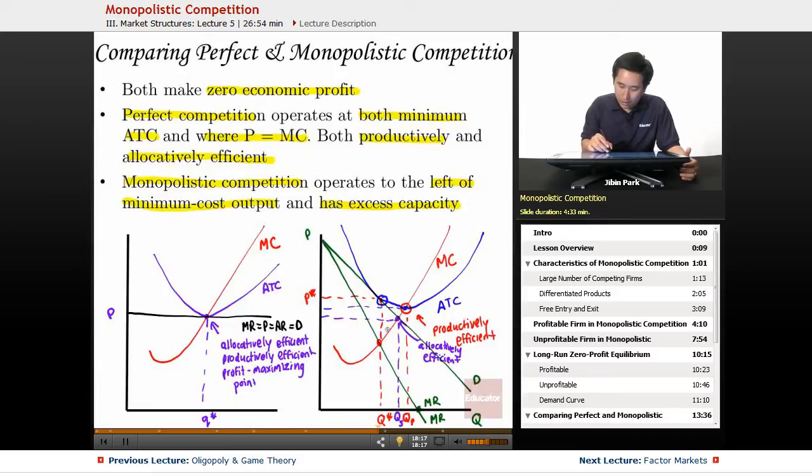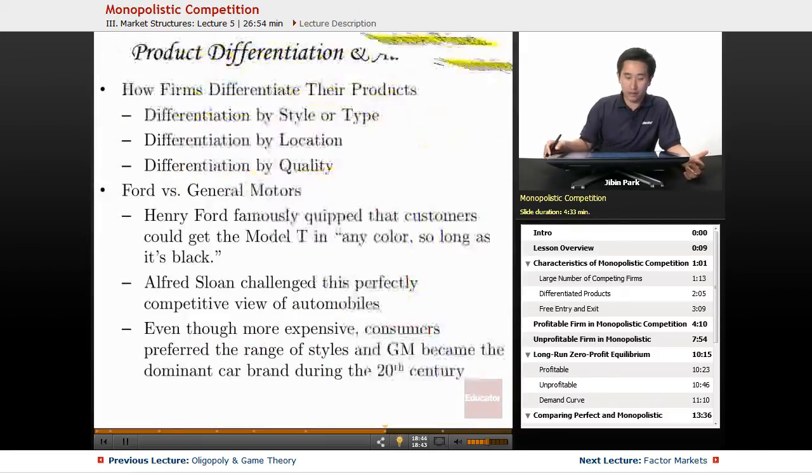So what you have here is that a monopolistically competitive firm is producing less than socially efficient or allocatively efficient, and it's definitely not productively efficient. It has excess capacity. So you can make an argument one way that a perfectly competitive market is superior to a monopolistically competitive market because monopolistically competitive firms will just waste resources. That's one way to look at it.